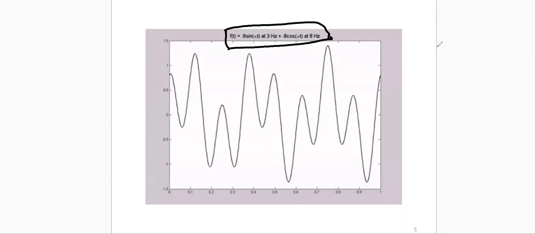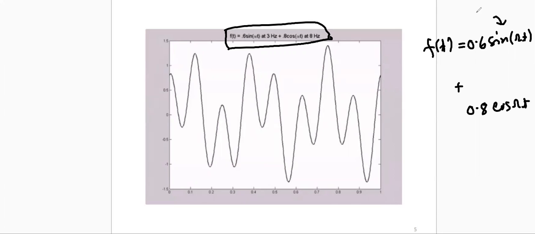The f(t) is a signal which contains 0.6 sine omega t plus a second signal, 0.8 cos omega t, where the sine omega t part has a frequency of 3 Hz, and the cos omega t part has 8 Hz. That is what is represented by this signal.